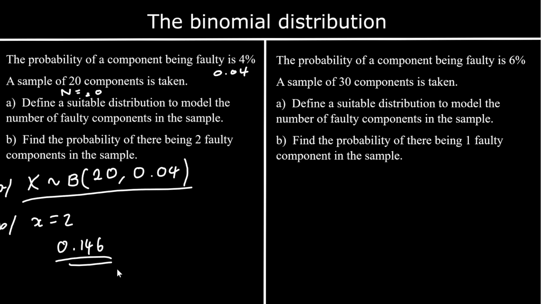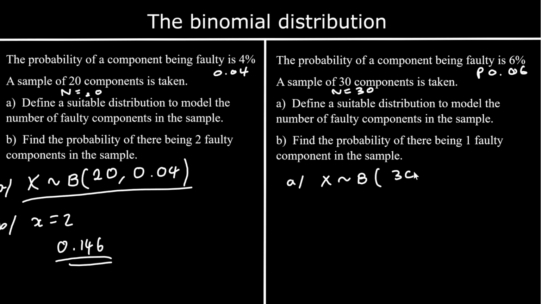And one question for you to try, see if you can give it a go. So this time our probability is 0.06, and n is going to be 30. So we're going to say our distribution is going to be distributed binomially.